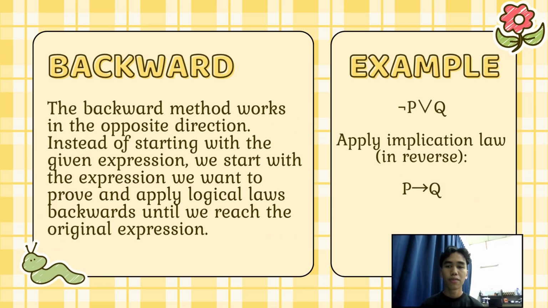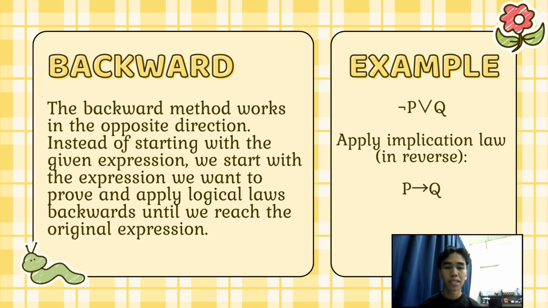So now, for the backward method. In the backward method, we start with the expression that we want to prove and work backward using logical equivalence laws. We transform this expression step by step until it matches the original statement. If both expressions meet in the middle or become identical, then logical equivalence is proven.